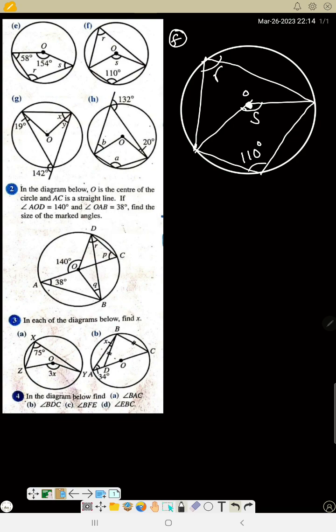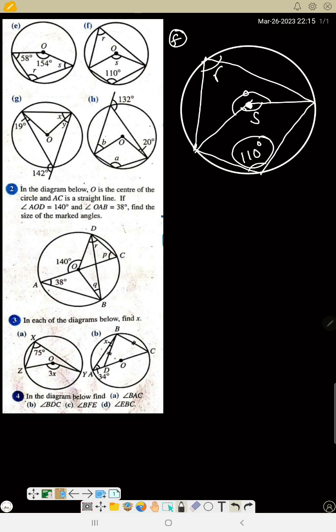So that means to do that, this S should be 2 times the angle at the circumference there. And remember, there will be reflex here because that reflex will subtend an angle 110 at the circumference.